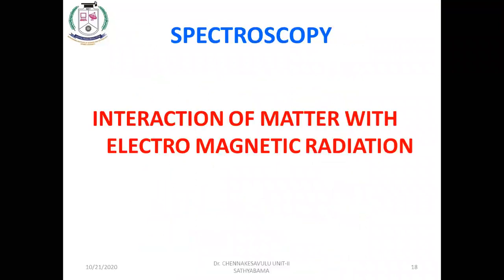Now, the definition of spectroscopy is the interaction of matter with electromagnetic radiation. The matter may be solid, liquid, or gas. This electromagnetic radiation may be gamma rays, X-rays, UV, visible, IR, microwave, radio wave. These are the electromagnetic radiations.